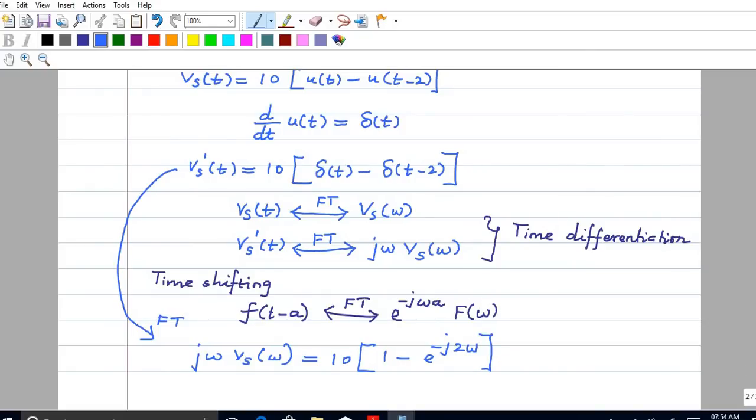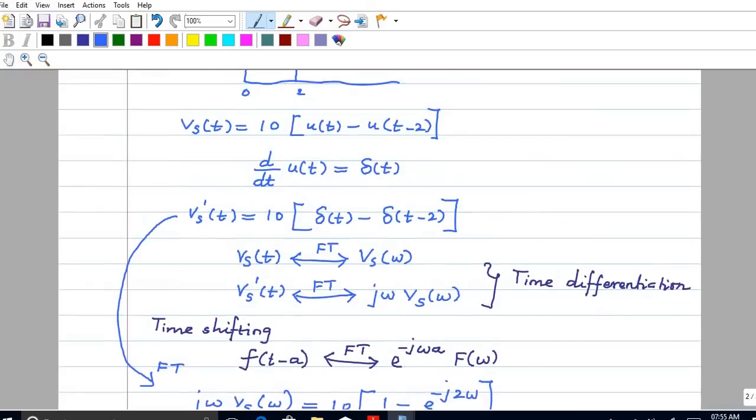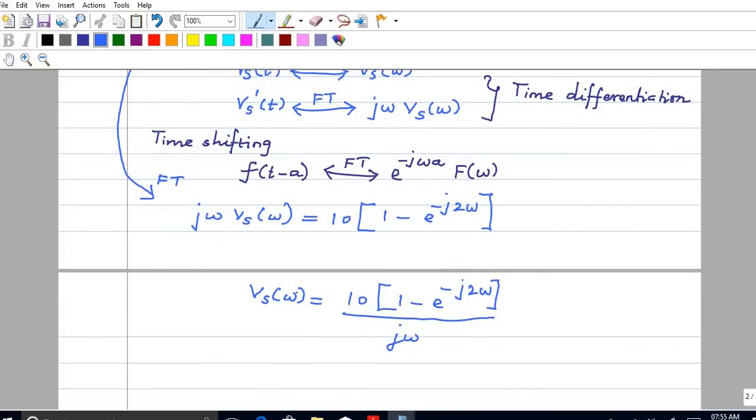So you can easily write the Fourier transform of the given signal as 10 into 1 minus e power minus j 2 omega, divided by j omega. So I'm using these properties. It's very simple.